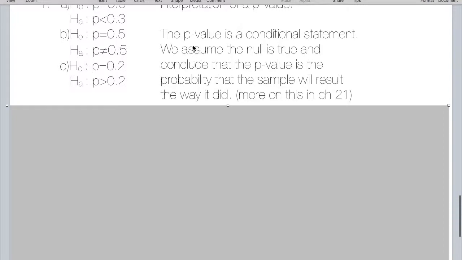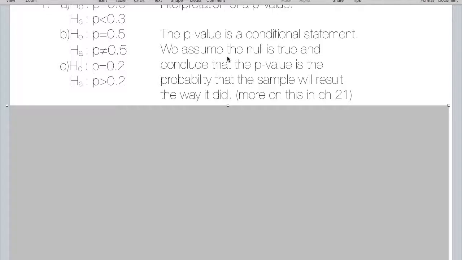We assume the null is true. So if the null is true, then the p-value is the probability that your sample would result in the way it did. And that probably isn't clear to you, but with a lot more practice, you will get it.